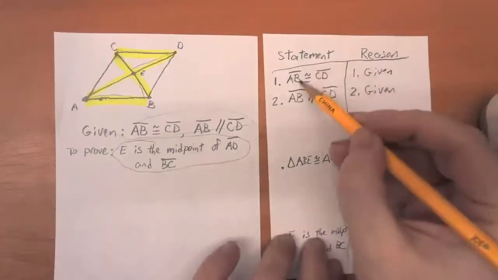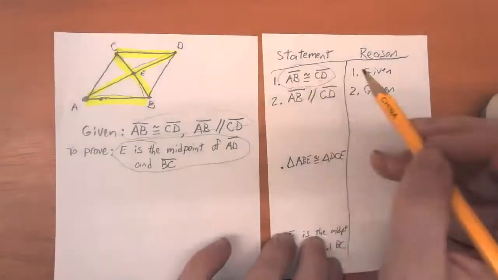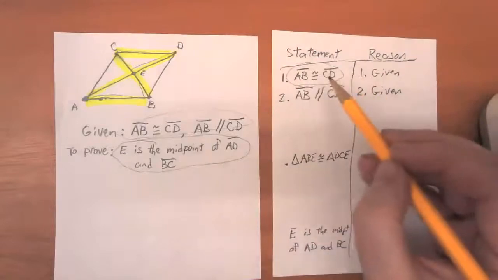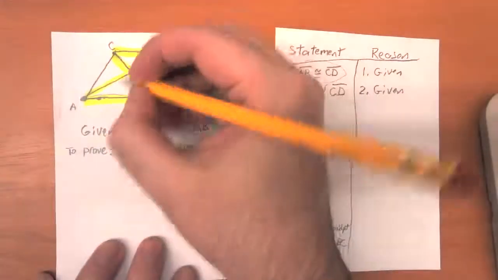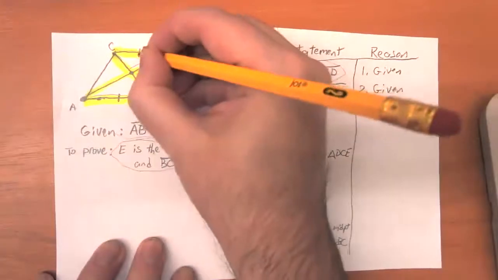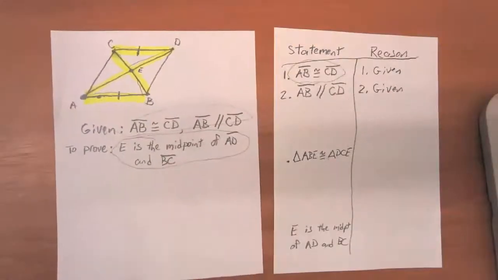So let's see, we've already got one side congruence here. We know that AB is congruent to CD. So those are sides of our triangle. If we can find more things, then we're going to be awesome and done.